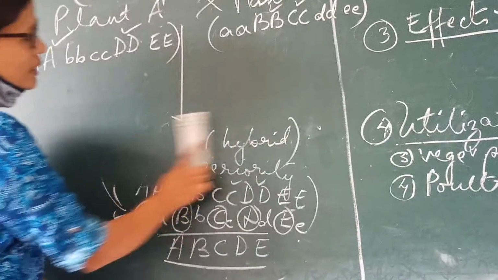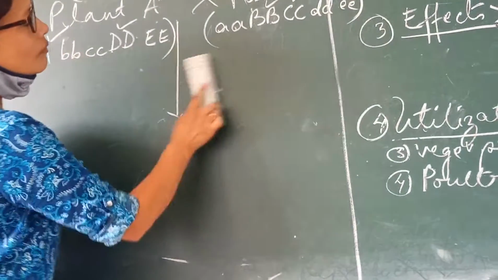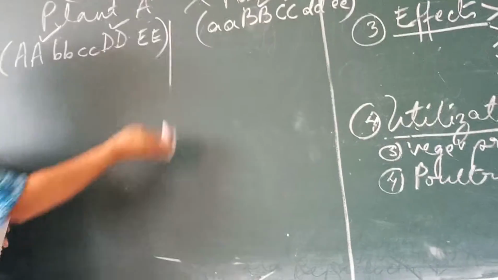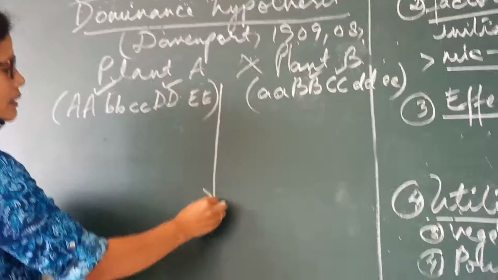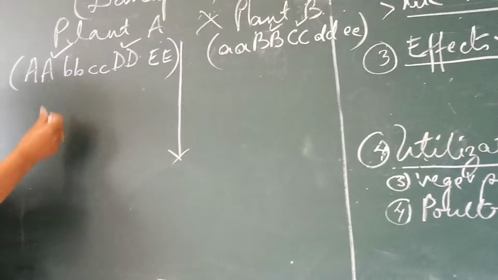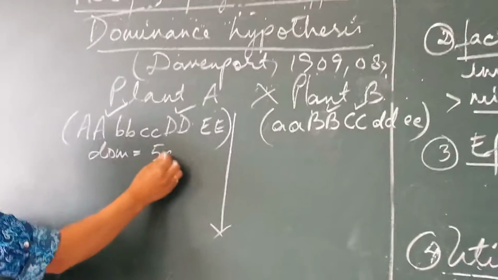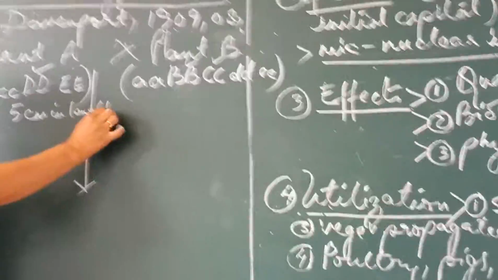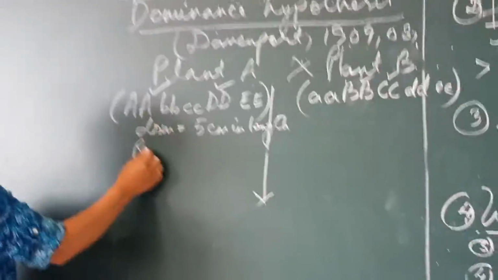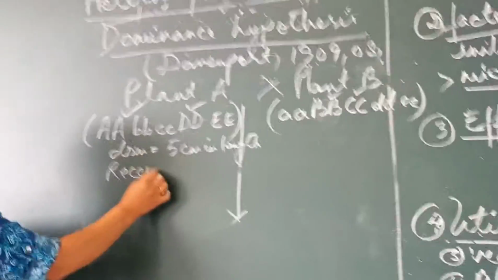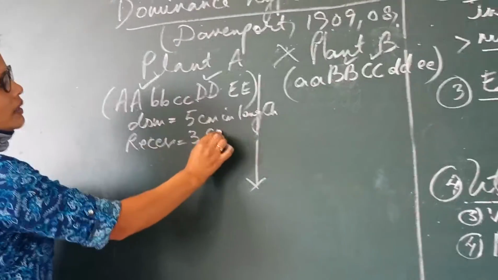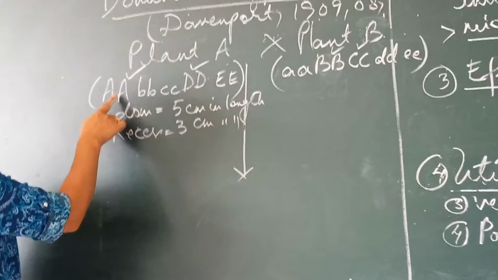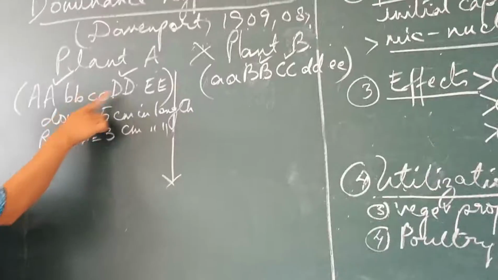Okay. Now for example, let us say that the dominant gene contributes 5 centimeters in length, and the recessive gene contributes 3 centimeters in length. So here, how many dominant genes? 1, 2, 3.